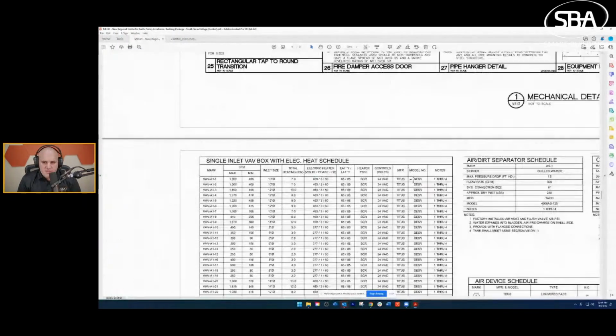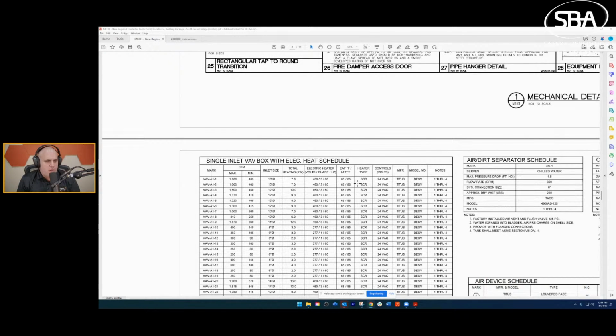And with my equipment schedule, I start to build a rough bill of materials. I'll get to that question in just a second. I start to kind of understand, all right, this is what I have on the job. So right here, I'm seeing I got variable air volume boxes with electric heat.